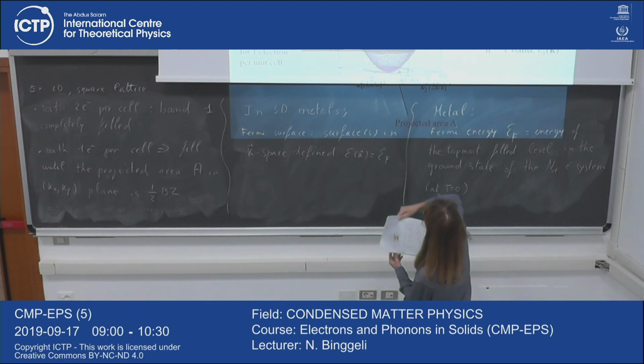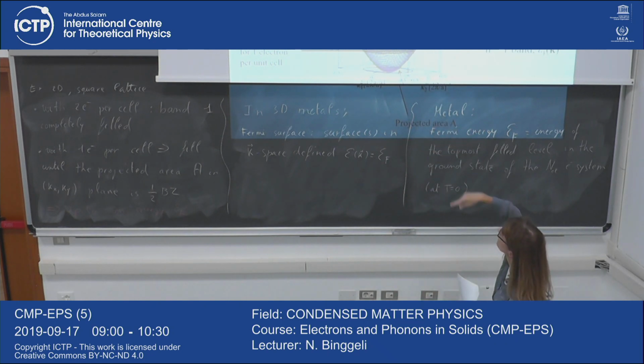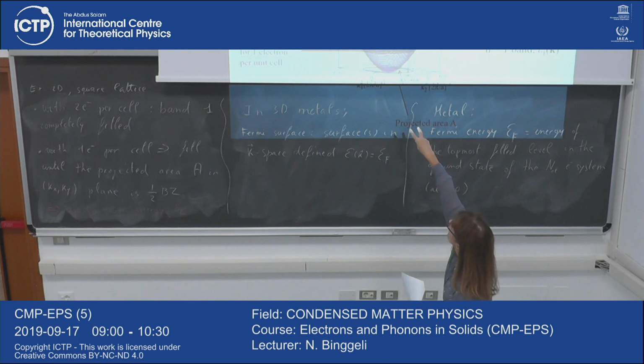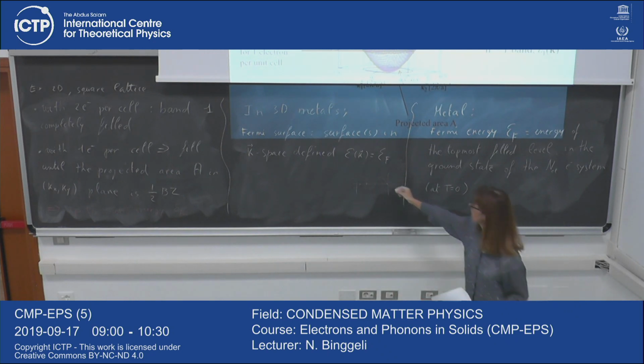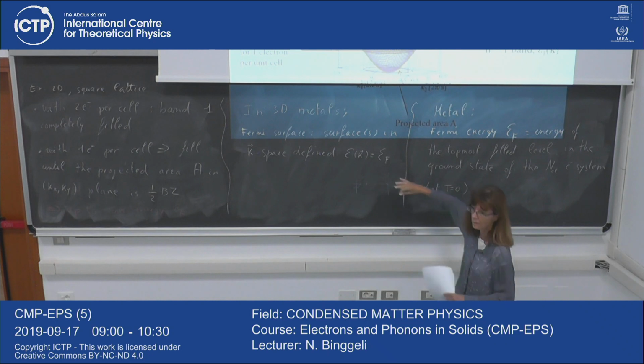If my band structure, the first band, was going down again, for instance, I could imagine that I would have a circle, and then I would also have pieces of circles of another band. If my band was doing something like this, I would have a circle here, but also some other pieces of circles.